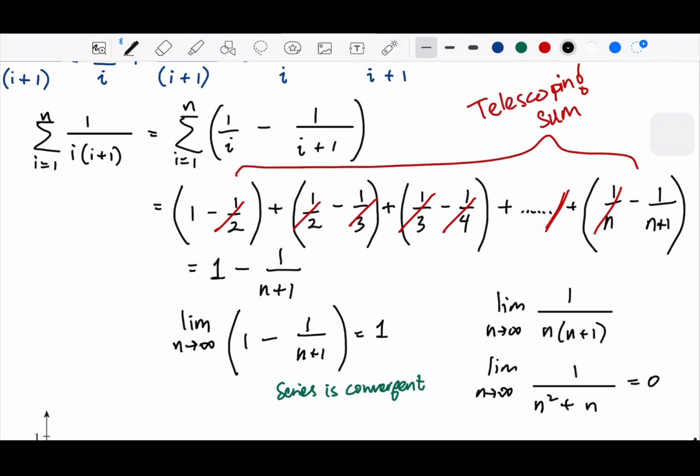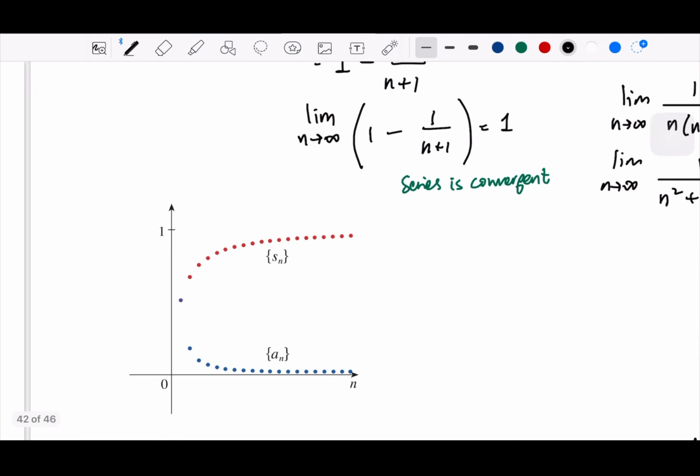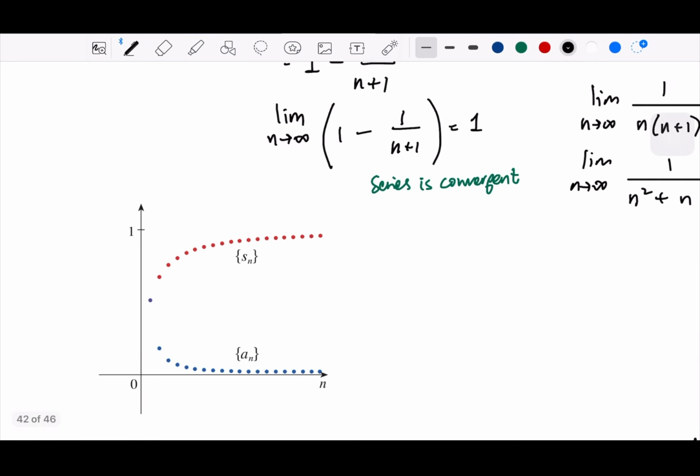So if we would like to put it into the graph, this is what the sequence will be. It goes to 0. And the Sn, the sum itself, is going to be 1, right? So the series is 1, the sequence is 0. So this makes a new foundation for our understanding.